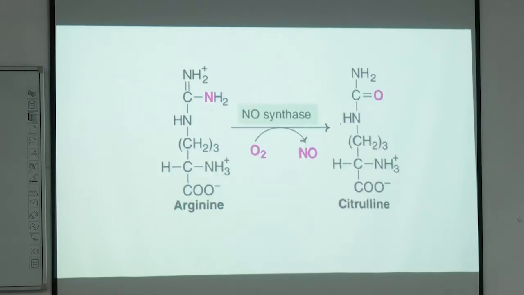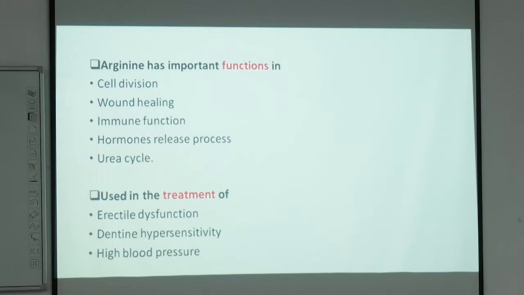So from arginine, with the help of the enzyme nitric oxide synthase, nitric oxide is produced and also citrulline. There are several functions of arginine: cell division, wound healing, immune function, hormone release, urea cycle. Arginine is also used in the treatment of erectile dysfunction, dentine hypersensitivity, and high blood pressure.